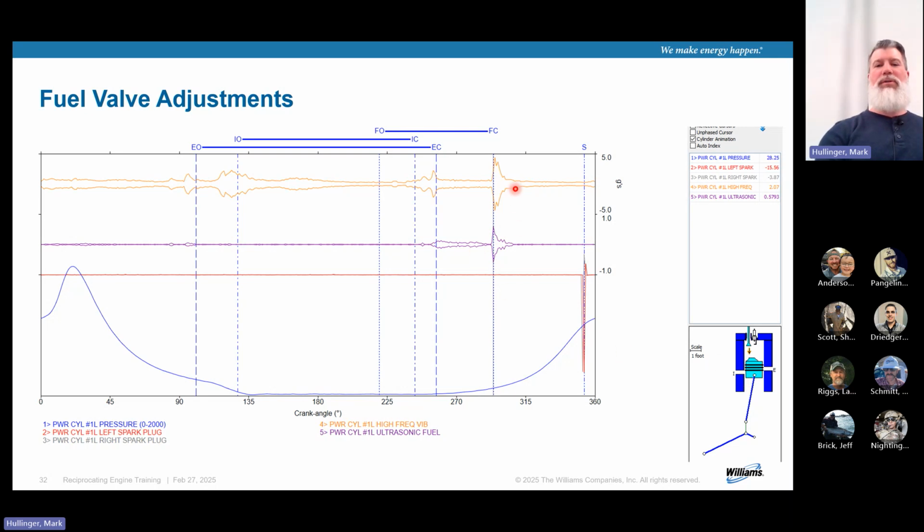Okay, and then there's ultrasonics as well. So one is vibration, one is ultrasonic, which is, you know, Superman hearing, and then this is the pressure right here. So that's what's going on in a power cylinder. And when these things happen matters. So the number one mistake we make is timing. We don't time our engine correctly.